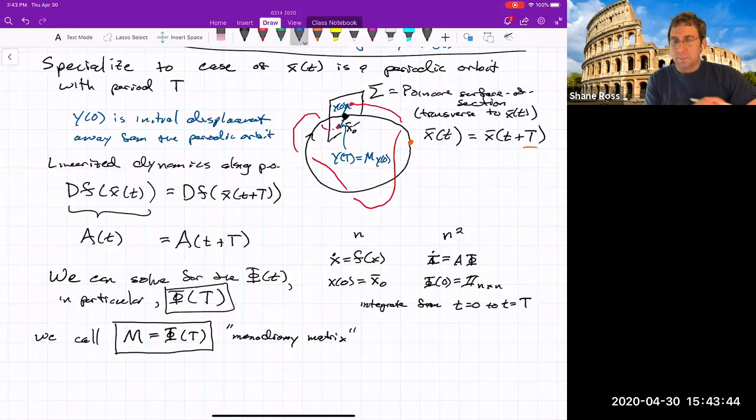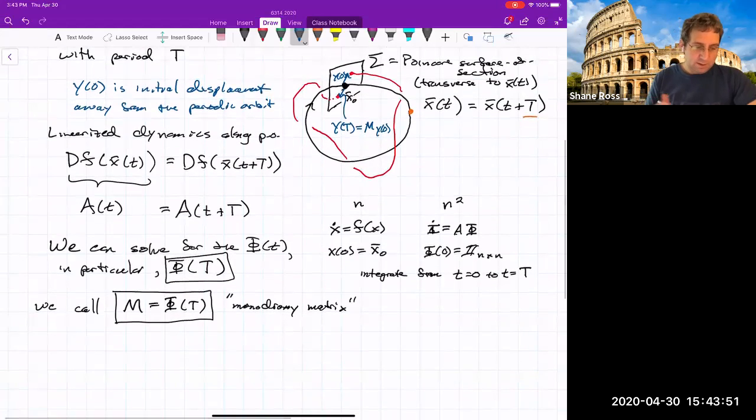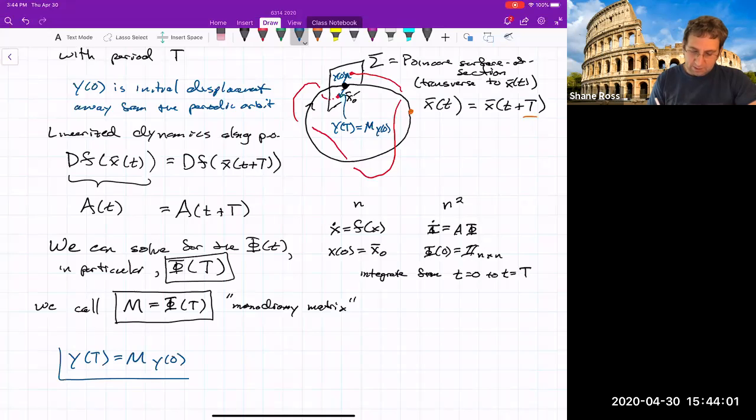So things map according to this matrix equation. So y of T is M y of 0. In some sense, this is a linear approximation of the Poincaré map transversal to the periodic orbit.